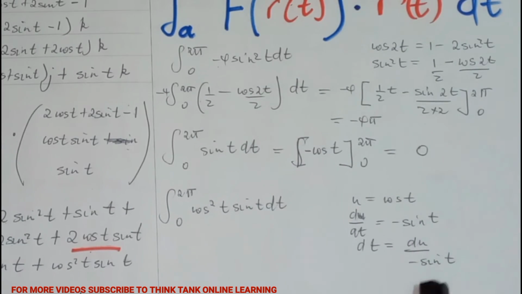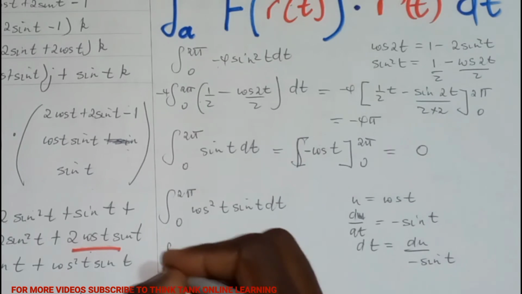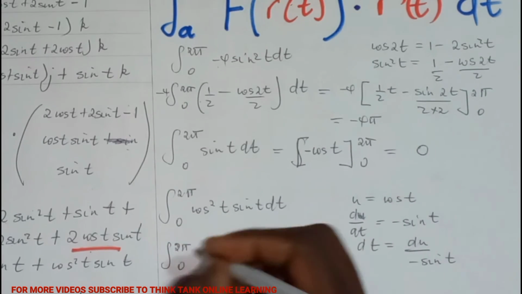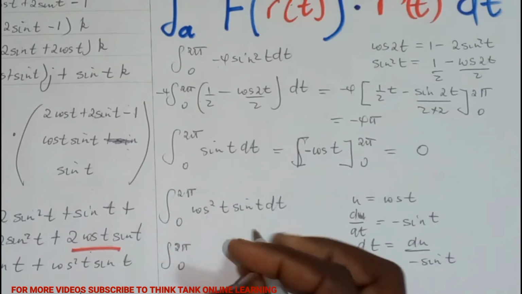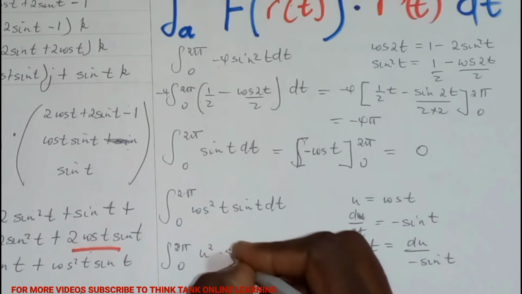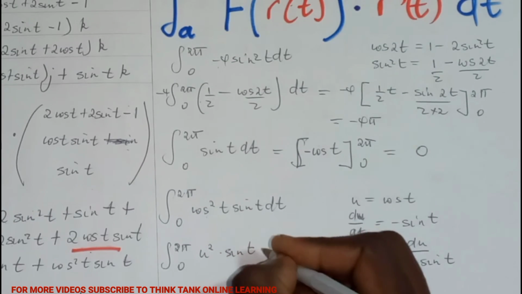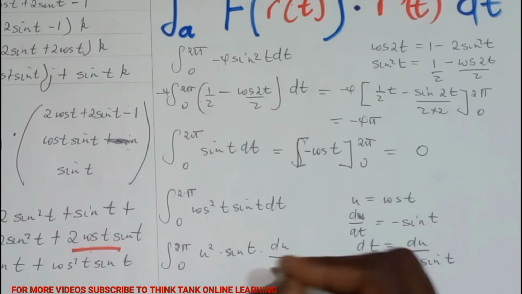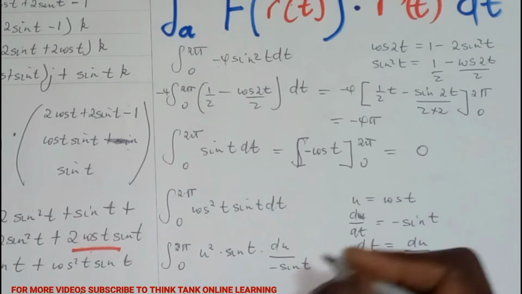As you can see, du and dt cancel. Instead of writing cos squared, we write u to the power 2, and instead of writing dt, we write du over negative sine t.